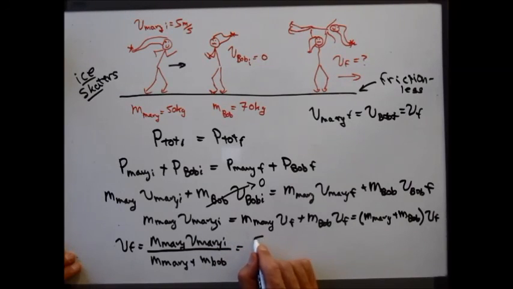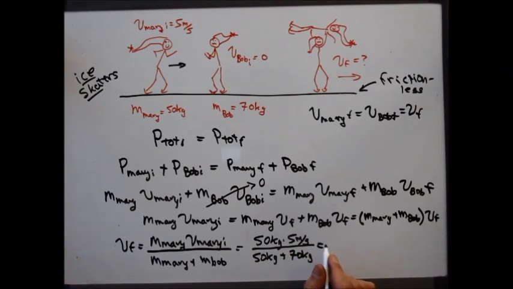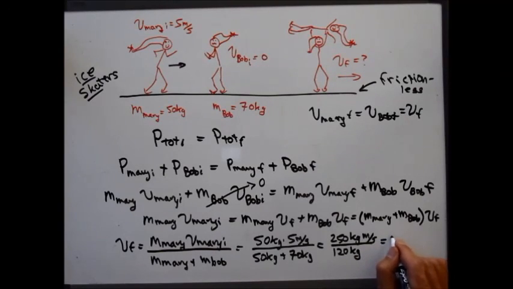That's the mass of Mary, 50 kilograms, times 5 meters per second, divided by 50 kilograms plus 70 kilograms. And so this is 250 kilogram meters per second divided by 120 kilograms, right? This is about 2.08 meters per second. That's the speed they travel off with.